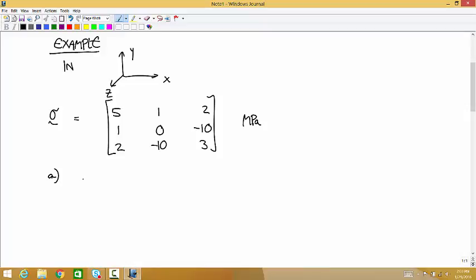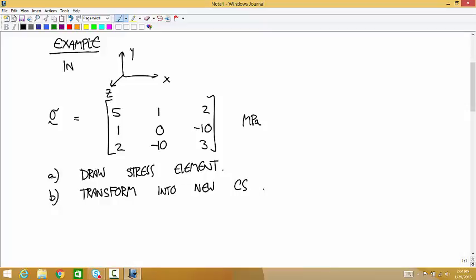So first, we're going to draw the stress element. Then we're going to transform this stress tensor into a new coordinate system that's rotated 90 degrees about the y-axis.